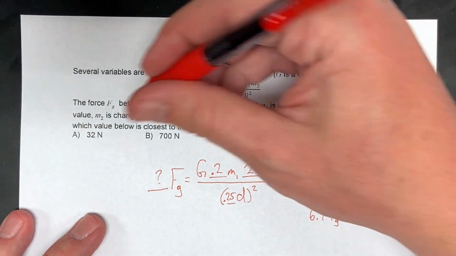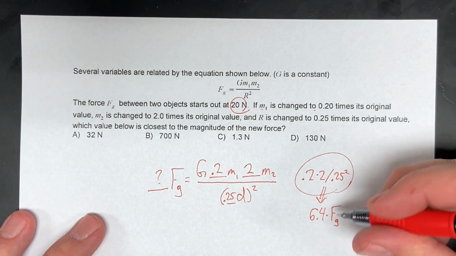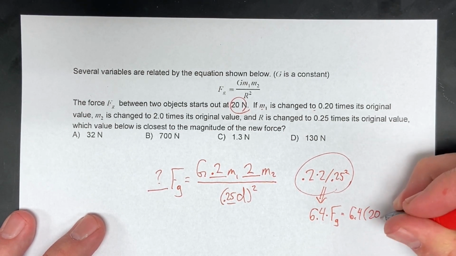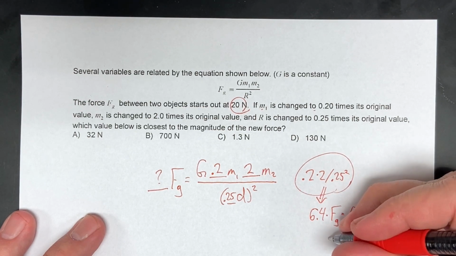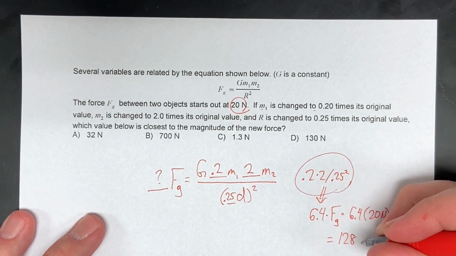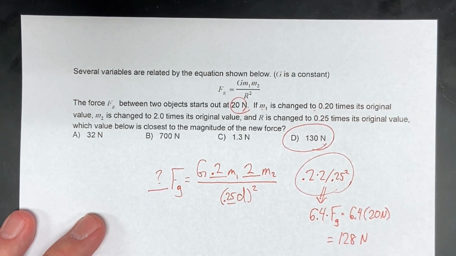Because they gave us the old value. They said the old value started out at 20 newtons. So we are doing 6.4 times that old value, 20 newtons. And when I put that in my calculator, then I get 128 newtons, which is closest to our 130 newtons in our example.